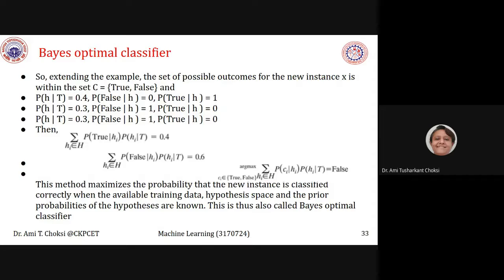So extending the example, the set of possible outcomes for the new instance X is within the set C, that is equal to true or false.